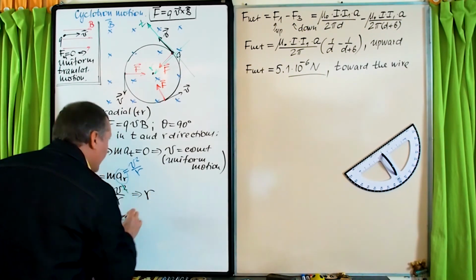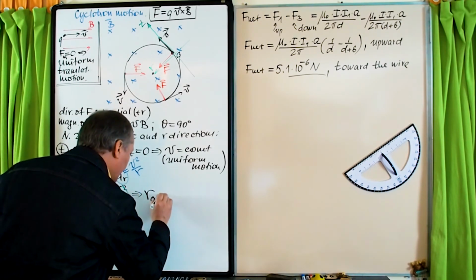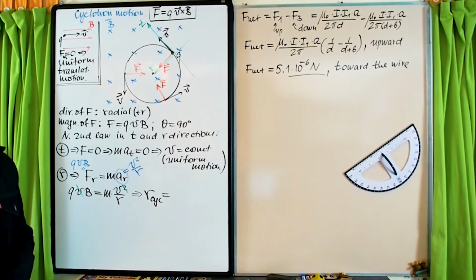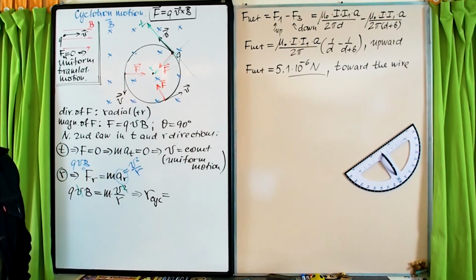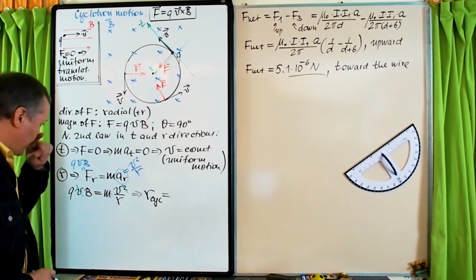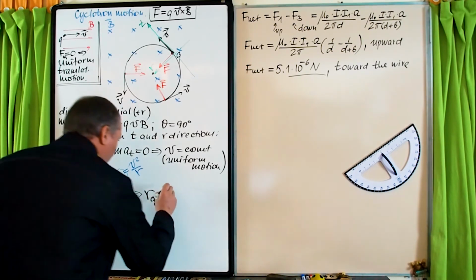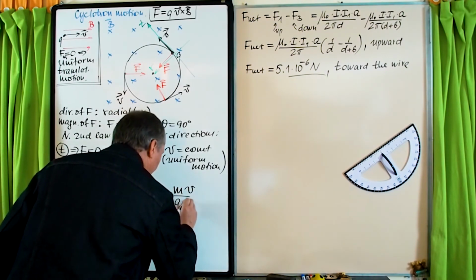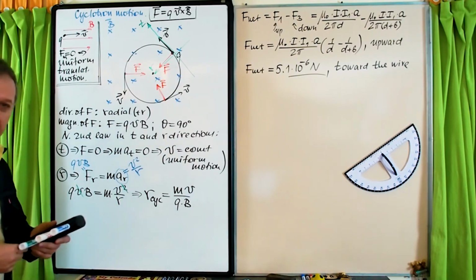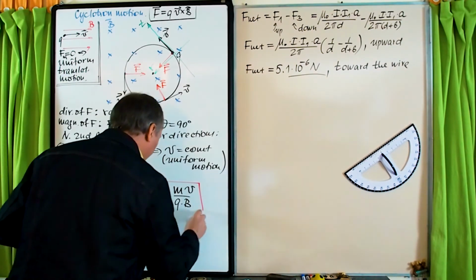Since it will be the radius of our cyclotron motion, let's add the subscript CYC, cyclotron. So it will be mv divided by qB, mv divided by q times the value of the magnetic field. So that's the cyclotron radius.